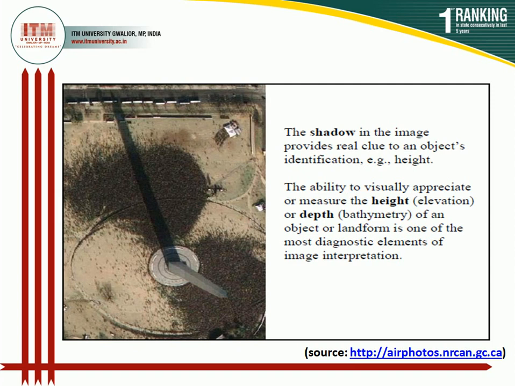Shadow tells about two things. The first is that the outline of a shadow gives a profile view of a particular object, and the next is that it tells about the height of a particular object. Taller objects cast a large shadow, and shorter objects have a very small shadow.